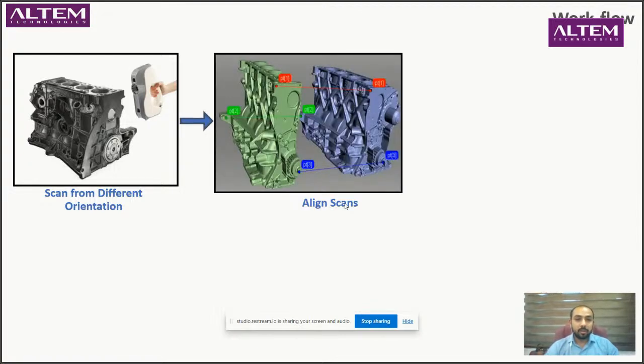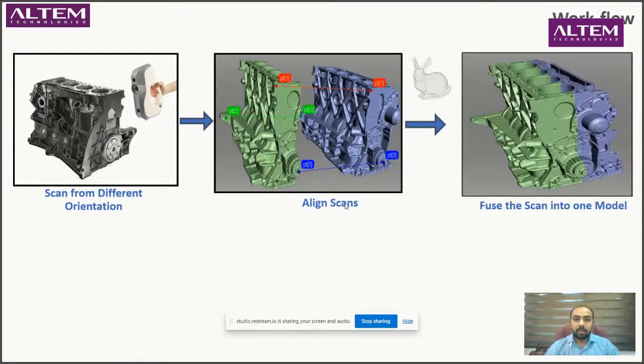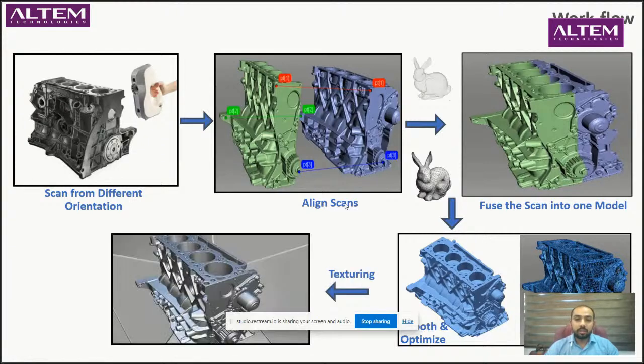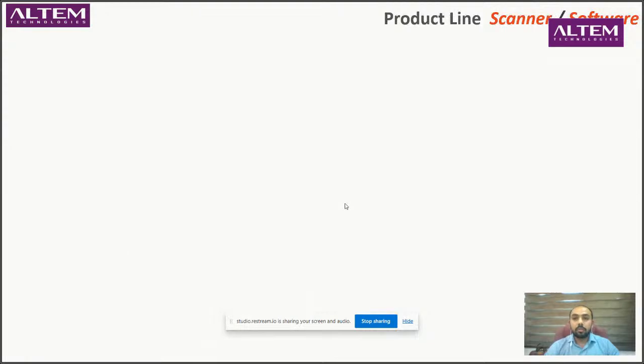Further, capturing data in multiple segments and combining those scan sets into a single one is also very easy through our scanner as well as the software. Finally, you can get the texture as it is over the initial object. You can export in STL as well as OBJ, the standard formats that are suitable for design software. Next is what type of products we offer.